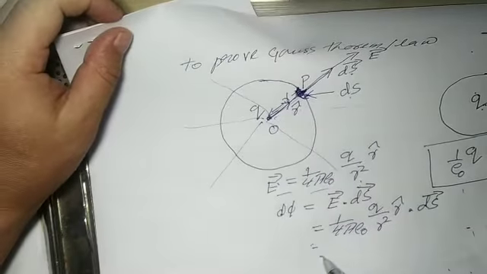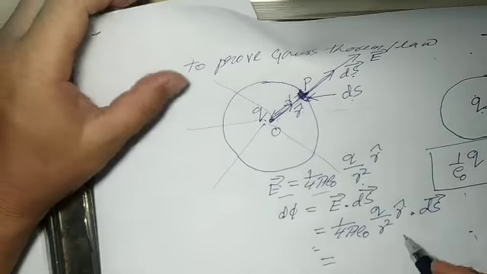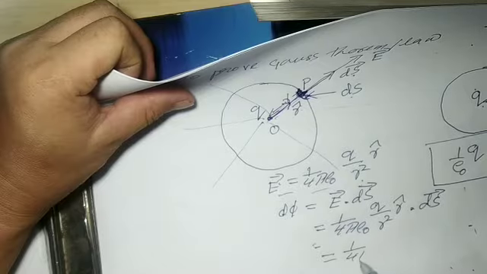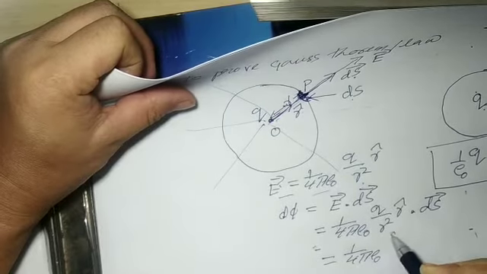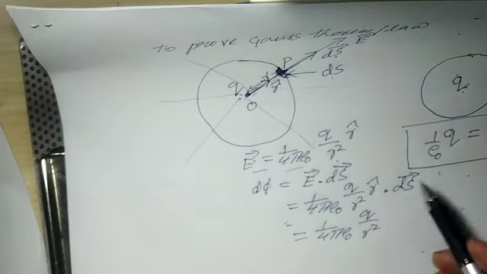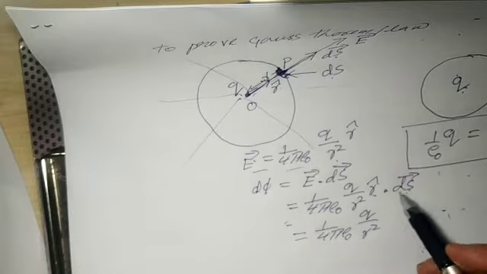Okay, now 1 by 4 pi epsilon naught Q by r square. These two are vectors.